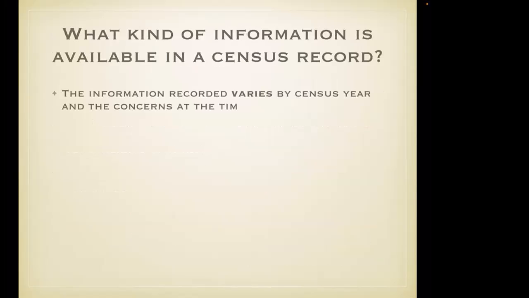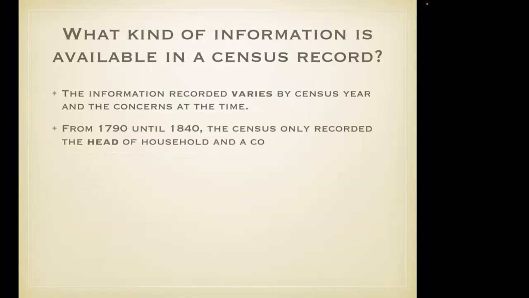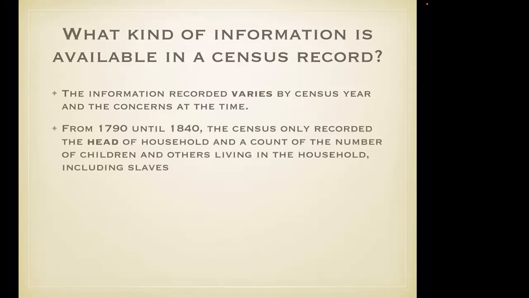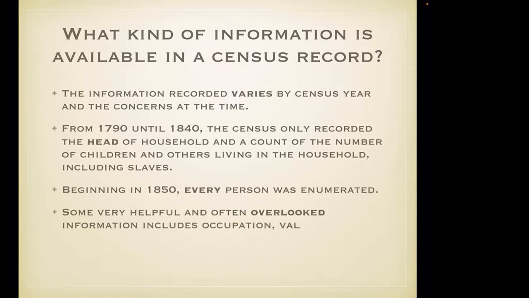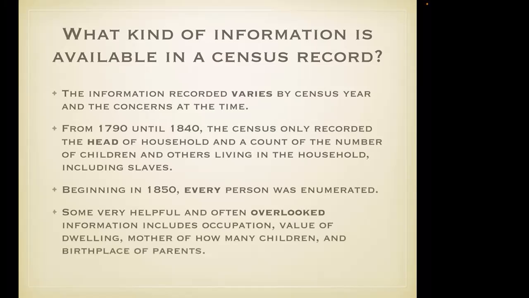So what kind of information is available in a census record? It varies from decade to decade, and kind of depends on the concerns at the time. There are some censuses that ask about whether the family had a radio or not, as the government was looking at how to reach people with different ways.